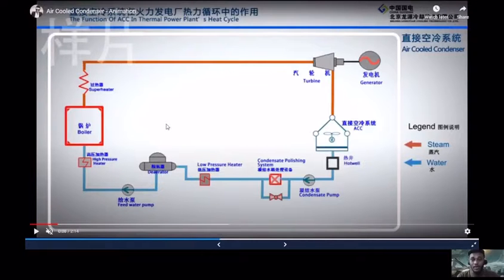The water passes the hot well and condensate pump, and then the condensate polishing system, and goes through the low pressure heater and through the deaerator and feed water pump. Then the water goes to the high pressure heater and again goes back to the boiler. This system will happen continually.